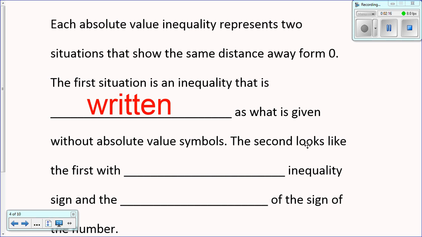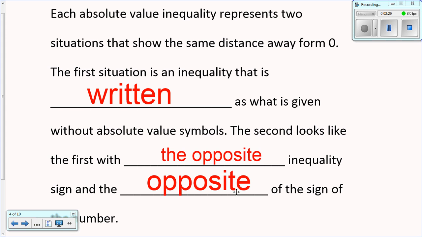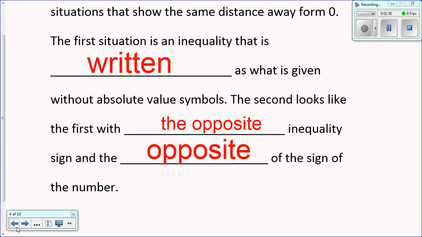The second inequality represents the other direction for the distance. It's going to look like the first, but with the opposite inequality sign and the opposite sign on the number. So for 2x is greater than 3, the opposite sign would be less than, and the opposite of 3 would be negative 3. Okay? So you're doing a lot of opposites.